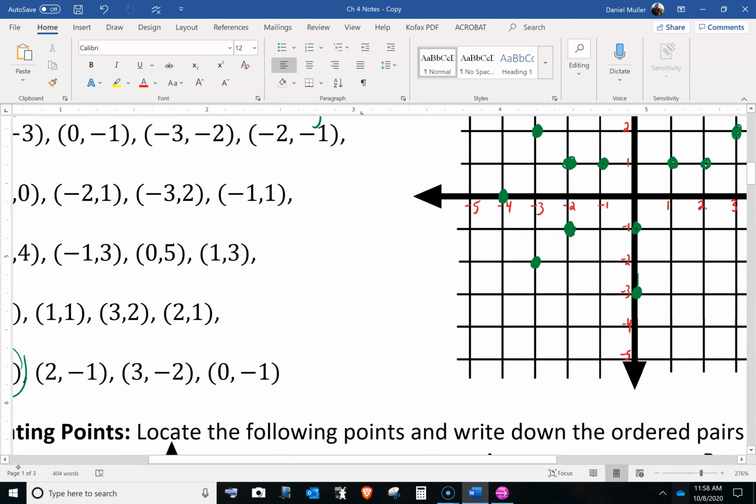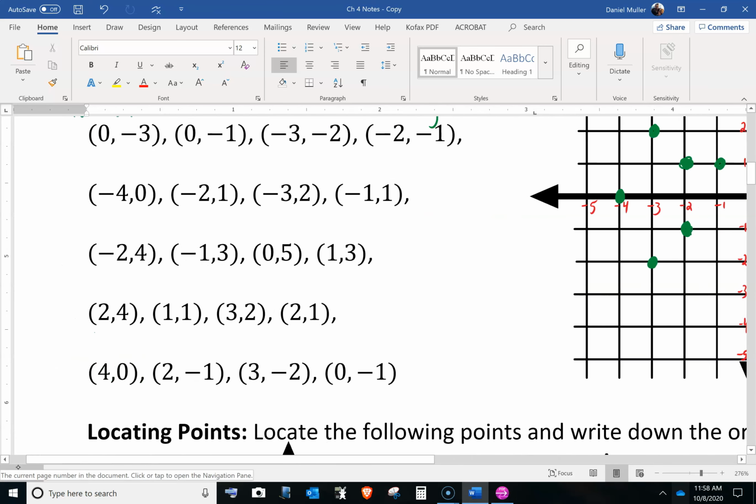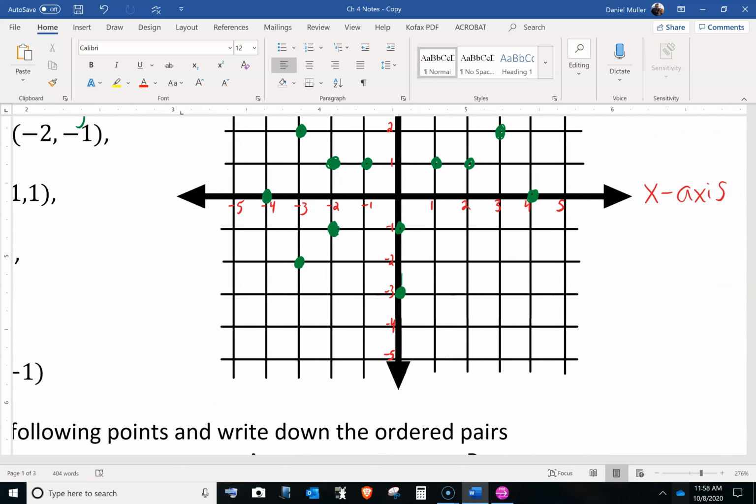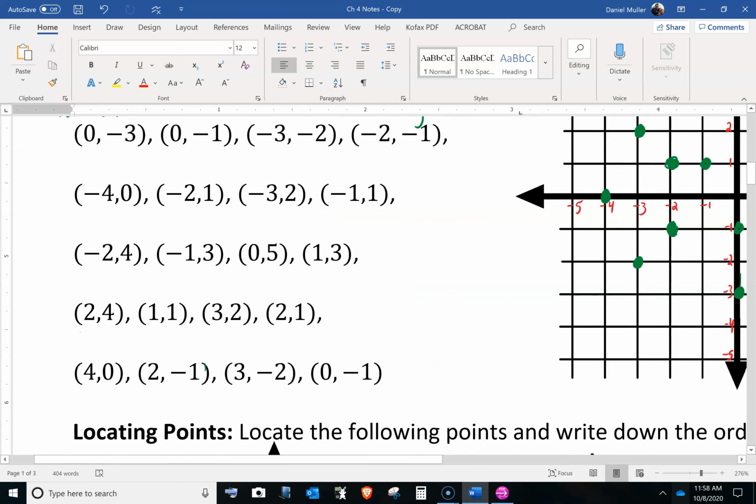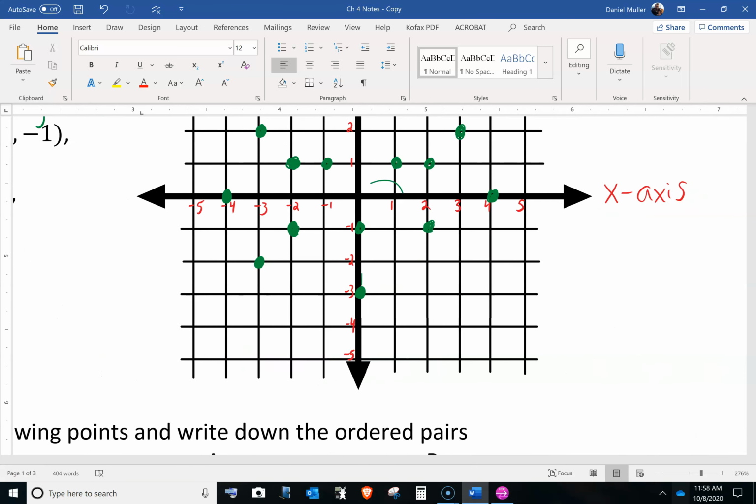You should be really good at knowing what's left and what's right, what's up and what's down just by looking at it. So again, it's a positive 2, so that's going to be right by 2. And then this is a negative 1, so we're going to go down 1. So right 2 and down 1. And then right 3, but down 2.